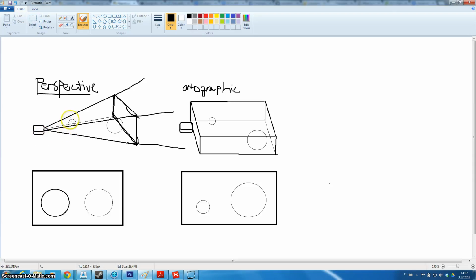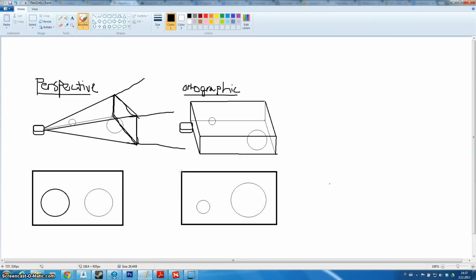It seems that this sphere and this sphere are the same size when it's perspective, but in orthographic the view viewport is all a cube, and it's not changeable at all.